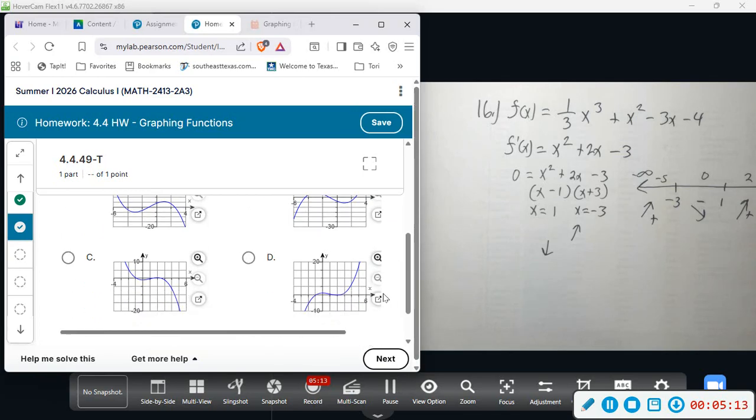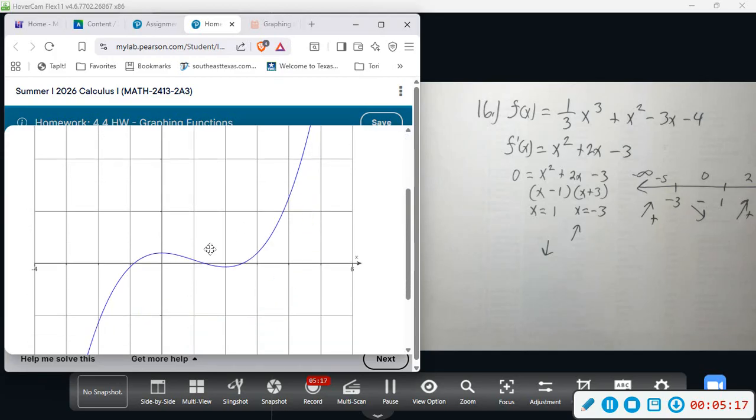Need to be able to make this full screen. All right, so this high point doesn't look like it's happening at 3. Looks like 1, 2, -3 should be over here. So that one doesn't match.